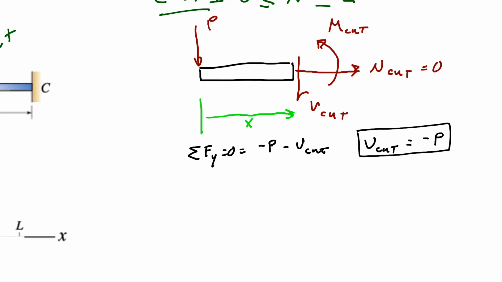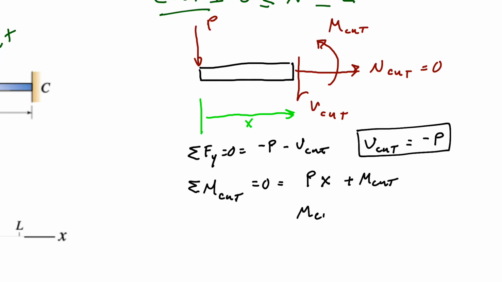Next, I want to take a moment, and I'm going to take the moment at the cut. That should equal 0. If I look at this, my force P is causing a positive moment. Its moment arm is that distance x. And then I have a plus M cut for my moment.